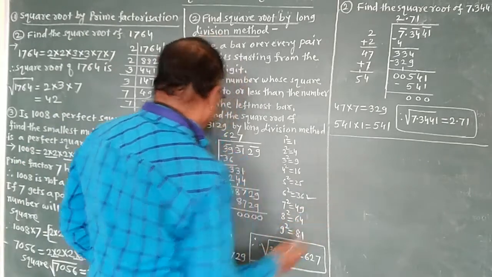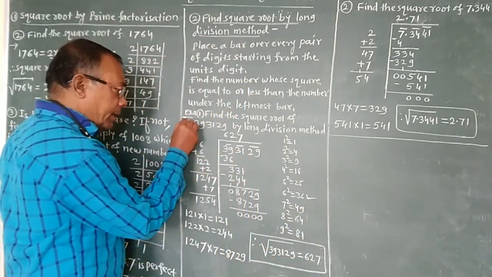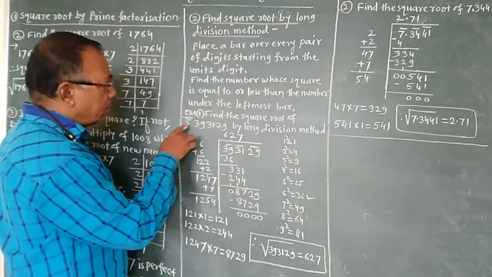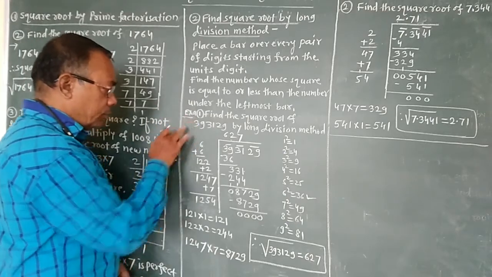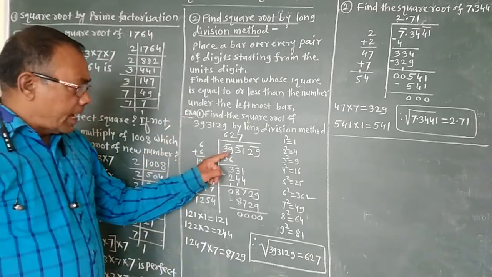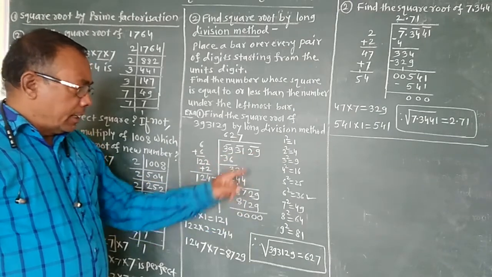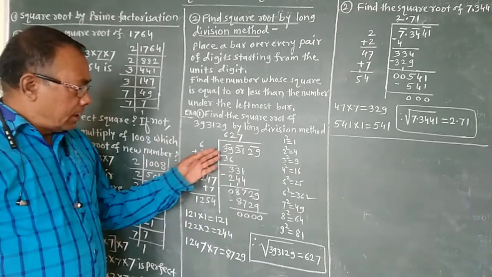If there is no pair, for example a single digit like 5, we place the bar on the single digit. So here I have written 393129 and the pairing of the digits is done.